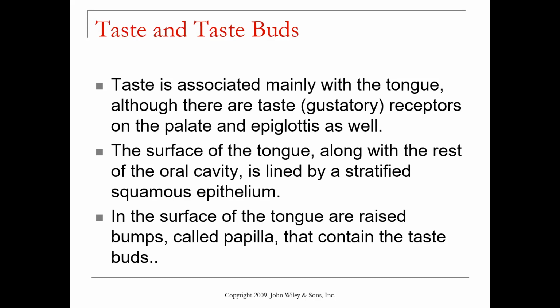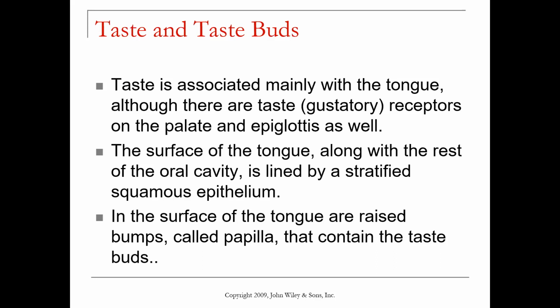So normally we have stratified squamous epithelial cells here because we eat, and the movement of food through our mouth is going to tear away cells. That's what they do. So we have stratified squamous epithelial cells there to protect us.